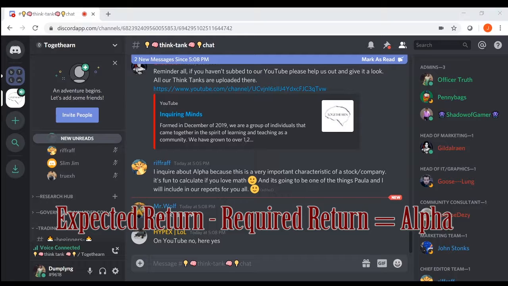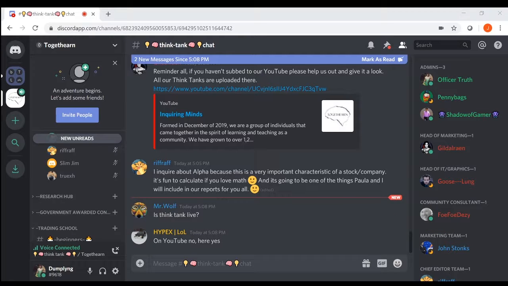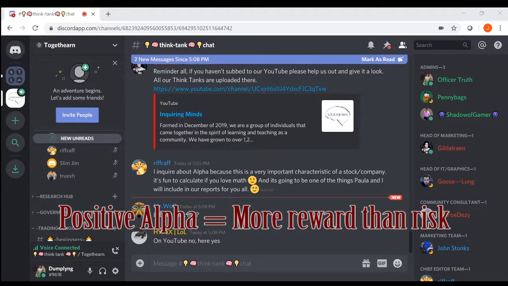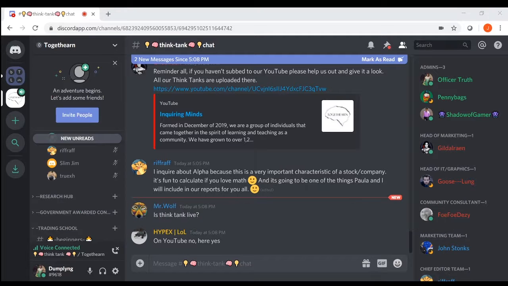So say the security's beta is 1, but it rises 15% rather than 10, and the market rose 10. That means it has a positive alpha because it had more reward than it had risk. Okay? So just to move on, and I'm going to get a little bit deeper into that, that is a way of calculating the alpha on a security.